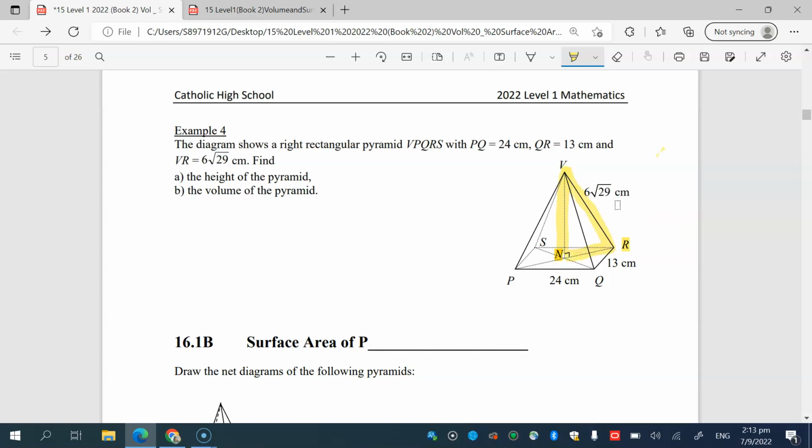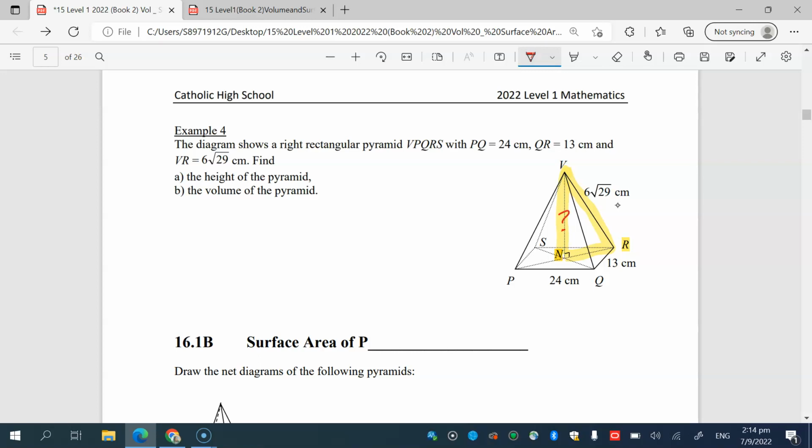This actually forms a 90 degree triangle floating in the air, if you can see. Alright, so how do I find VN? Now, in order to find VN, I must know NR also, right? But I don't know NR yet. Okay, so in order to find NR, I'm going to do this.